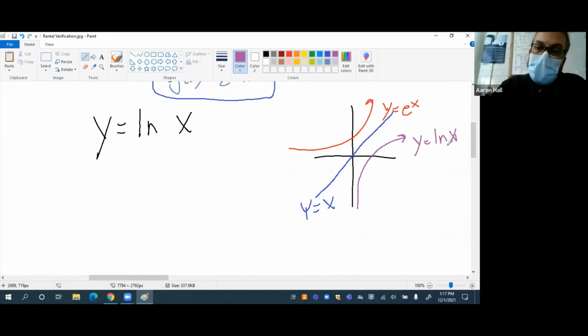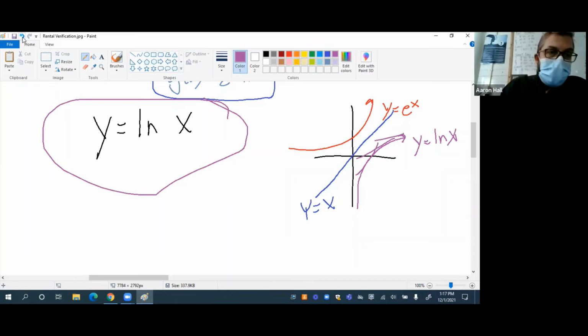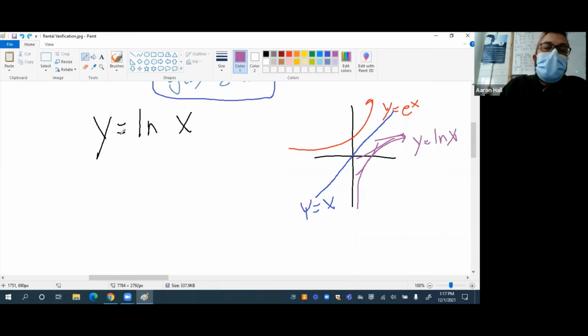Now to find the derivative, to find the slope at any point along that graph, I need to come up with my derivative function for this. The first thing I want to do is solve for x. Now what can I do to get x by itself?